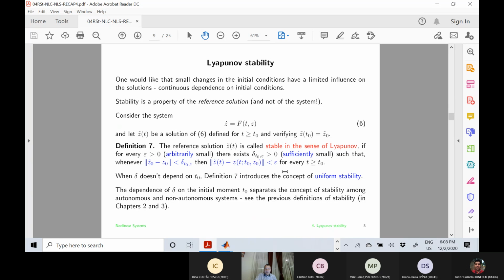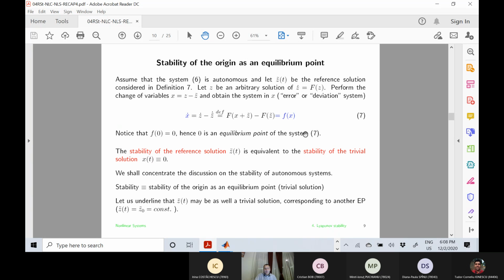Now, you have easily seen that with a change of coordinates, with a simple translation, we can refer to any reference solution, and this is also an important point which I wanted to emphasize.